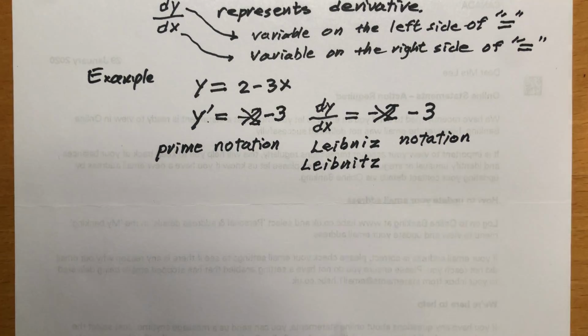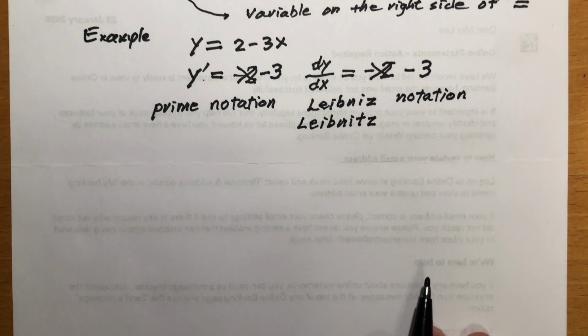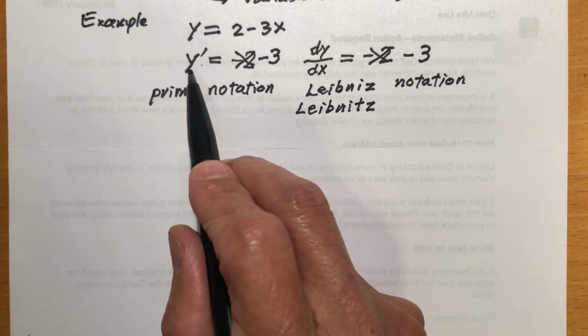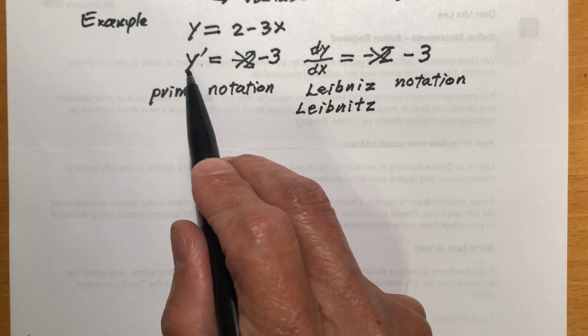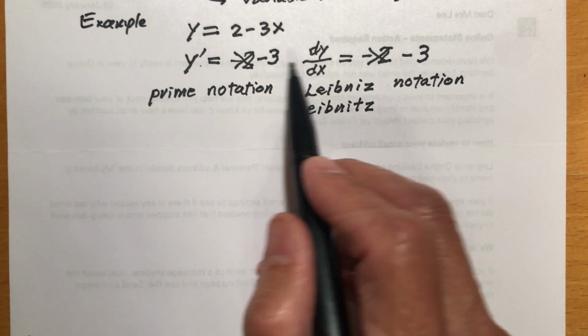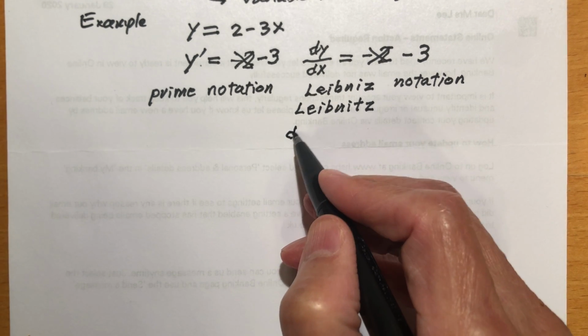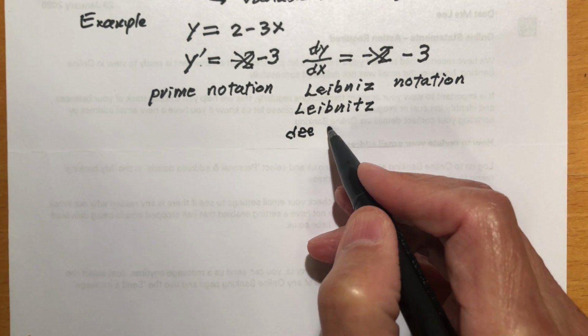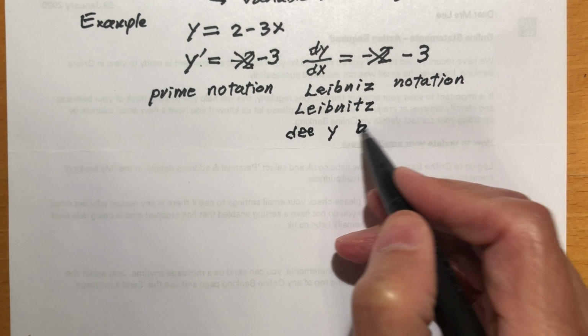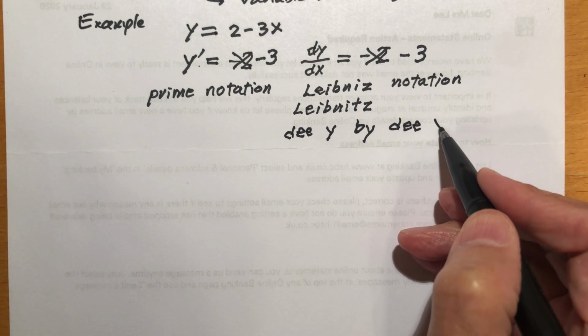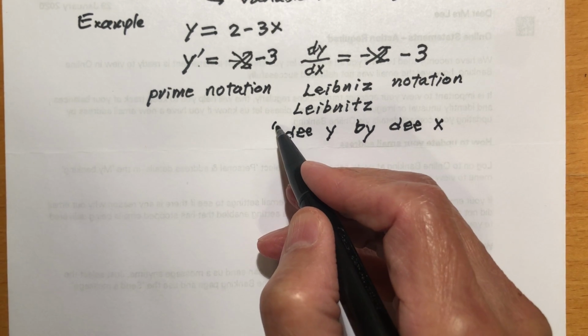These two spellings represent the same person, so different books may use different spelling. When you read y prime, you say y prime. How do you pronounce this? You pronounce it dy by dx.